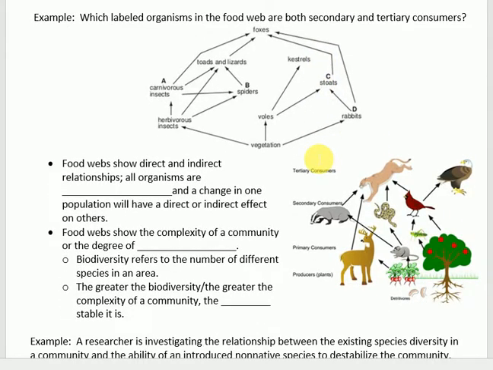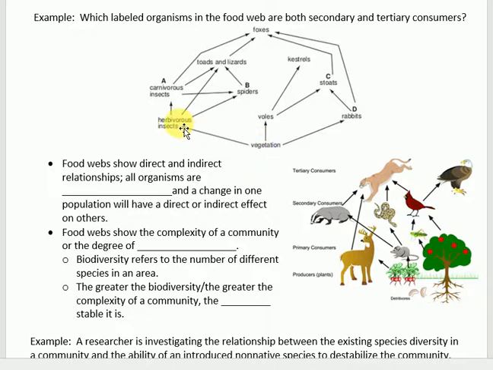So an example question with this information would be, which labeled organism in the food web are both secondary and tertiary consumers? So you have to look. So we've got, here's our producer, our vegetation. So a primary consumer could be this insect.